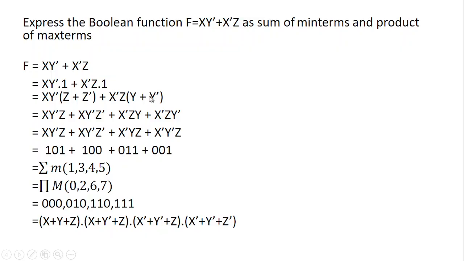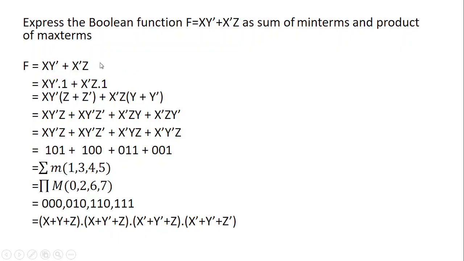Anything added to its inversion will always give you 1. So instead of this 1, I replace it with y plus y bar. Why did I replace it with y plus y bar? Because the term y is missing. In the first term, z is missing. In the second term, y is missing. So I am replacing it with the y, I am replacing it with the z.